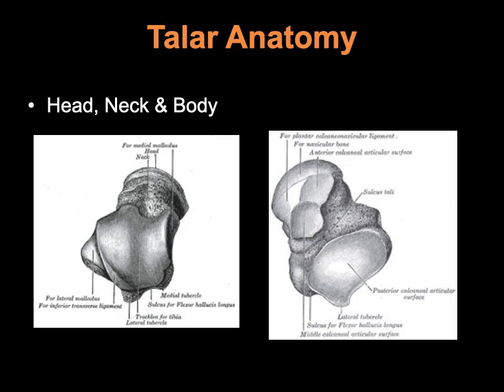The anatomy of the talus is odd. The overall osteology comprises a head, neck, and body. And on the undersurface of the talus, there are three facets which make up the subtalar joint: the posterior facet, the middle facet, and the anterior facet.